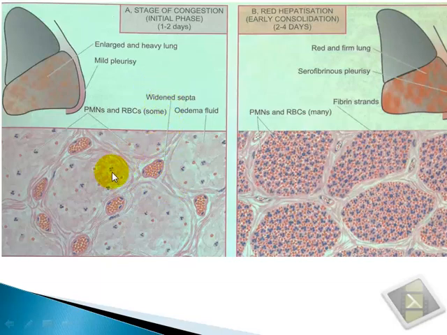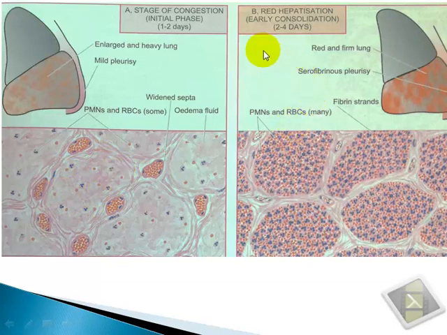You will see some polymorphonuclear leukocytes or neutrophils. You will see some RBCs. So because of increased congestion, because of inflammation, things will leak out, and those things are RBCs, neutrophils, and the fibrin protein. So this is presence of exudate.